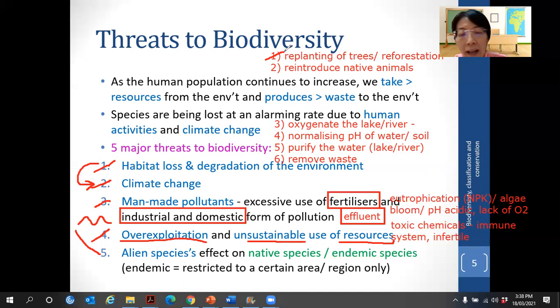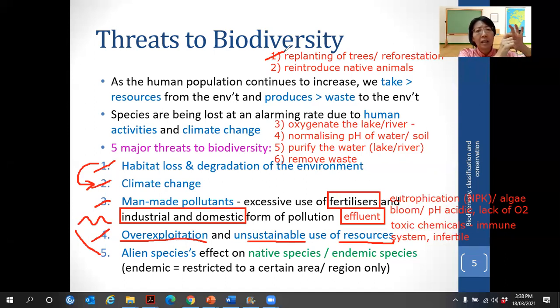But this one you cannot write as an answer because we are talking about restoring. We are not talking about chopping down the trees. So even though this is a point, you cannot write it. This is a point for sustainable use of resources. Trees that you want to chop down must reach a certain size. Fish that you want to catch must reach a certain size. So the net that you use to catch the fish must be at least a certain size.